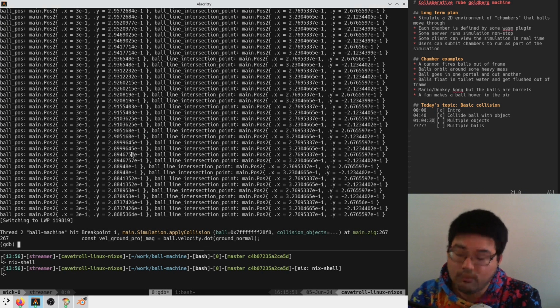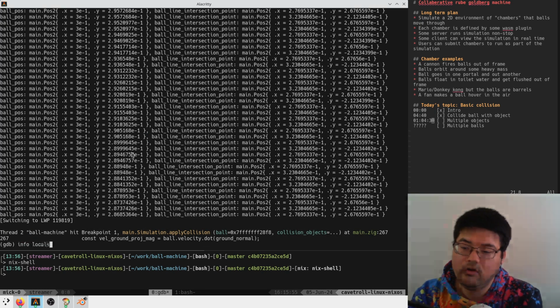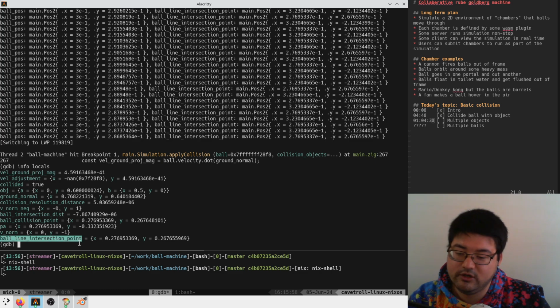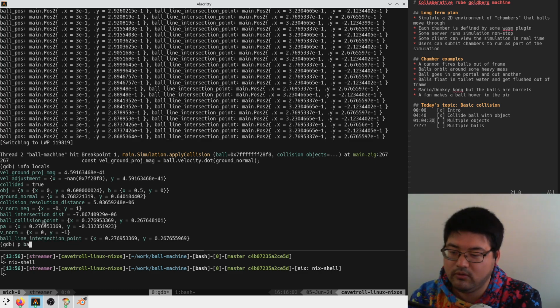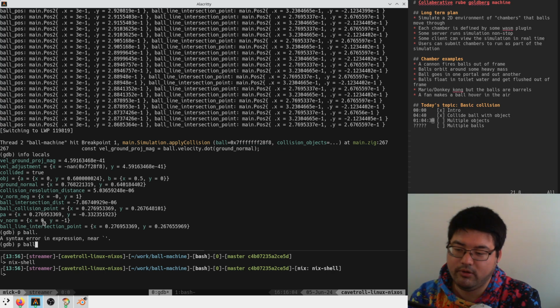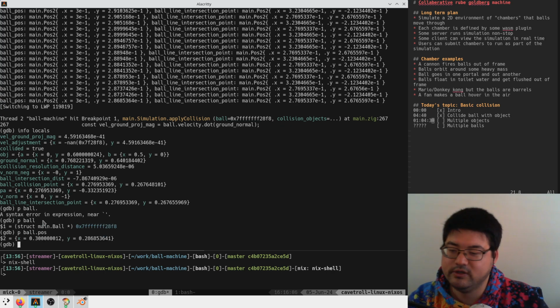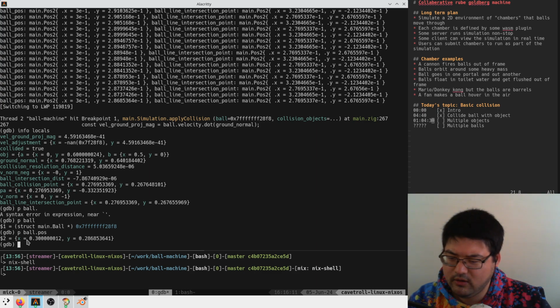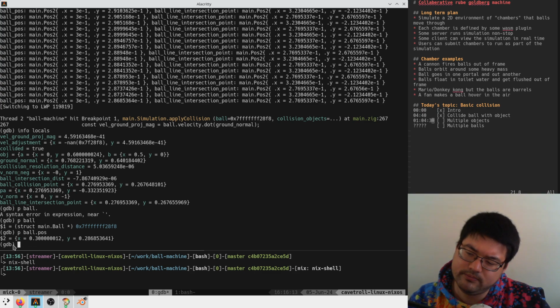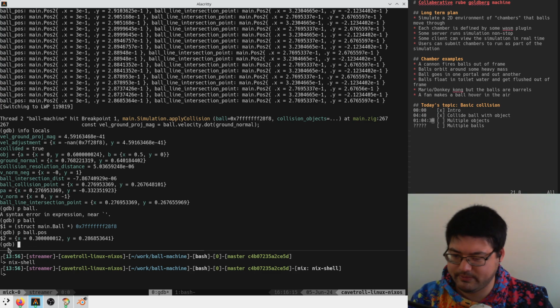Okay, so we now know that our intersection point is messed up. Ball dot pos. But it doesn't feel that wrong to me, which is why I'm confused. So if I don't adjust my position at all, nothing bad happens?